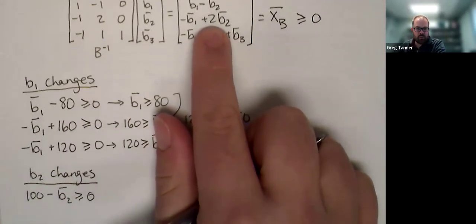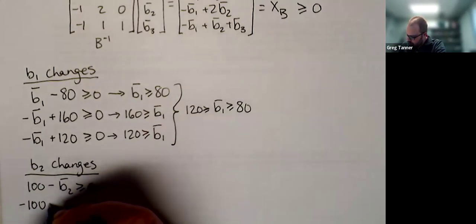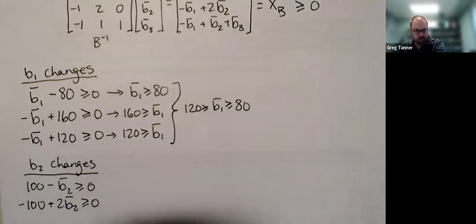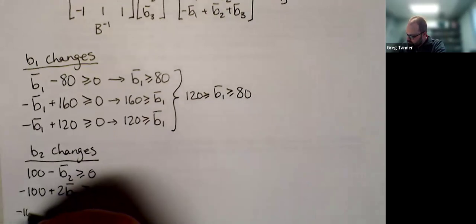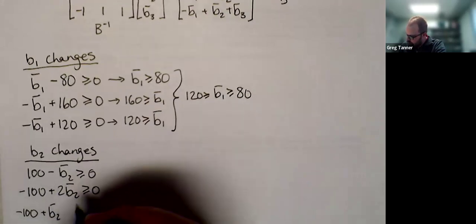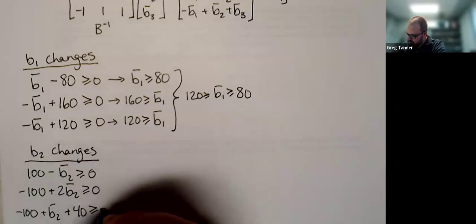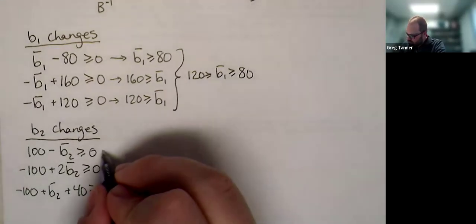Second one, it will be negative 100 plus 2B2 is greater than or equal to 0. And then the last one will be negative 100 plus B2 plus 40 is greater than or equal to 0. Okay, let's go ahead and move these around.